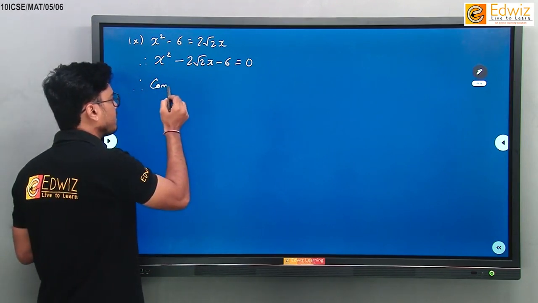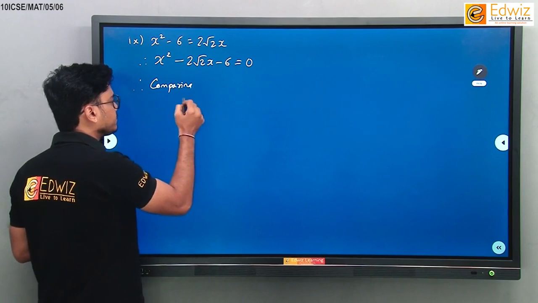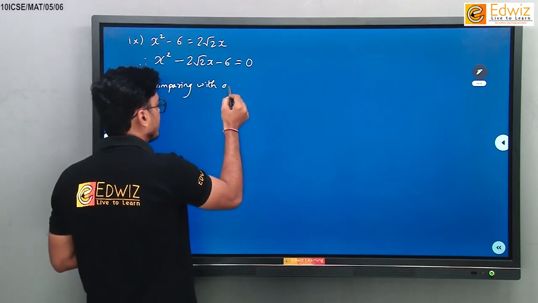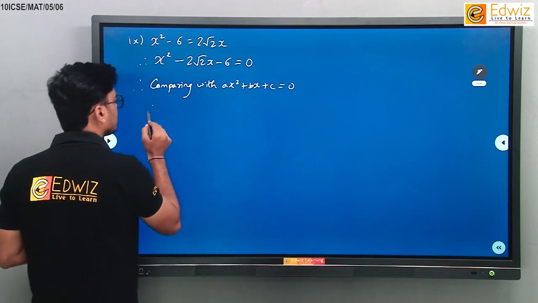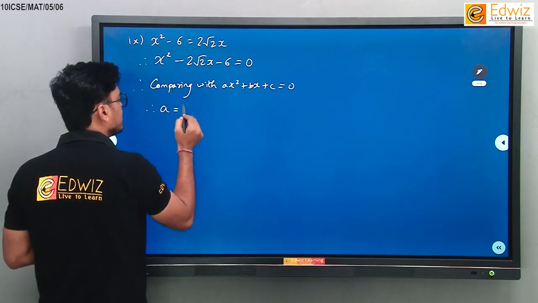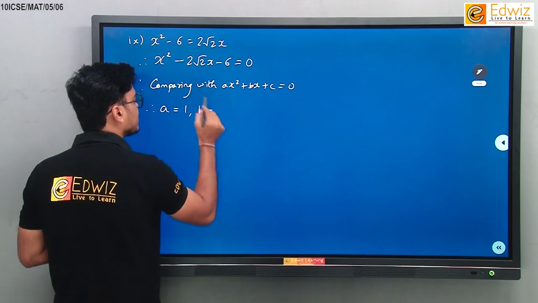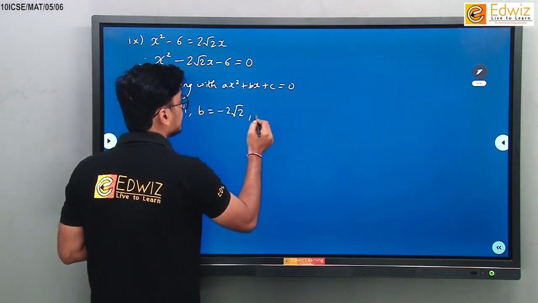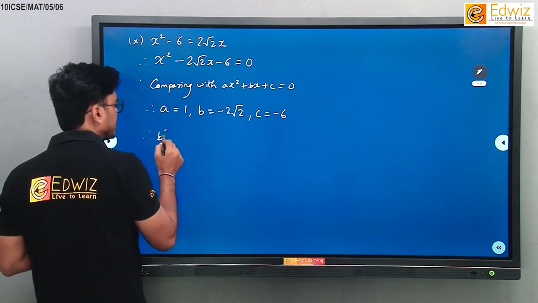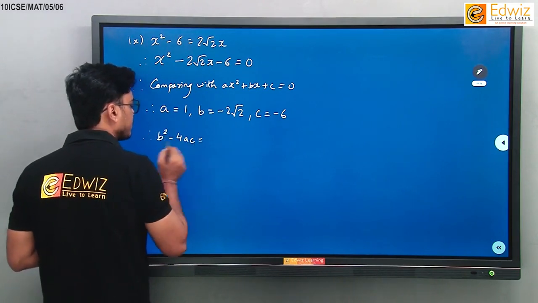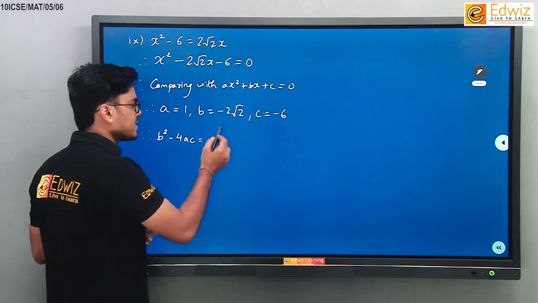Compare with the standard form ax square plus bx plus c equal to 0. A here is 1, b is minus 2 root 2 and c is minus 6. So first step, find out b square minus 4ac.